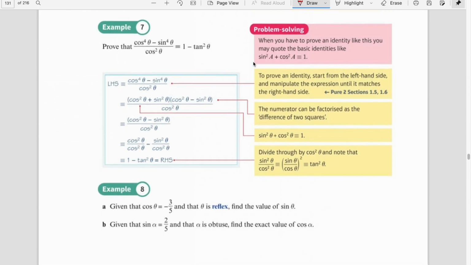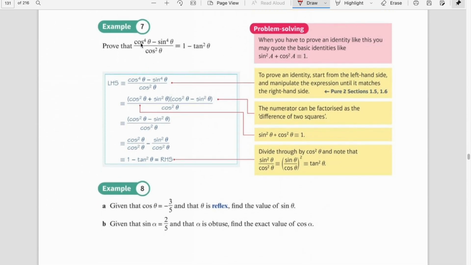Look at this example 7, identity: cos raised to the power 4 theta minus sine raised to power 4 theta, divided by cos square theta, and on the right hand side 1 minus tan square theta. So we will rearrange these and use identities to prove that left hand side is equal to right hand side. If I just write it this way, cos square theta whole square minus sine square theta whole square, does it make any difference?